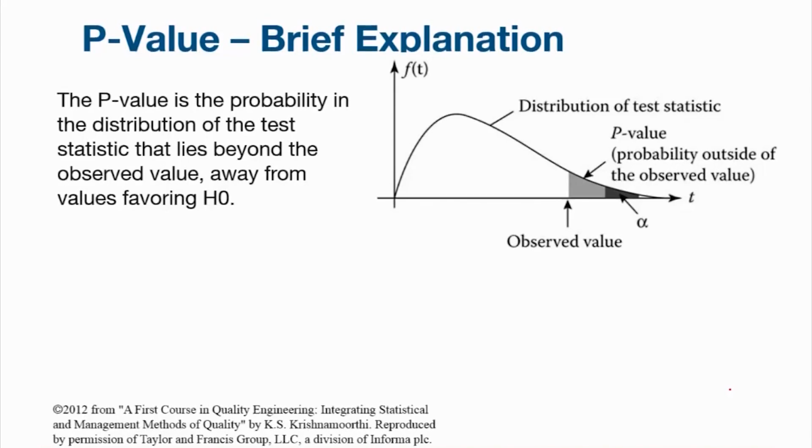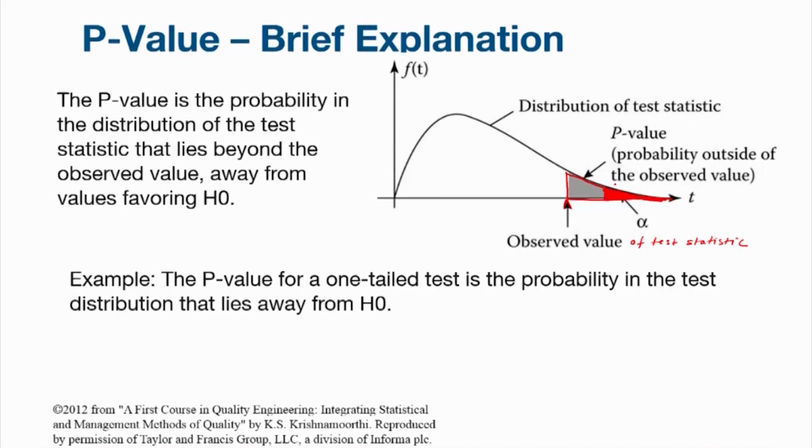And this is maybe easier to see if we look at this one-tailed test, as we've shown here. So here we have the observed value of the test statistic. And the p-value is this entire area lying away from the values which would favor the null hypothesis. And that area, as we can see in this example, is greater than the area that corresponds to our alpha value.